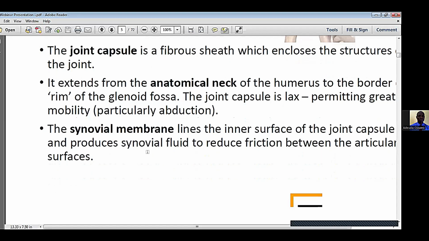And it is that synovial fluid that really nourishes the joint. That doesn't let the joint go into early osteoarthritis. So if the synovial fluid is decreased in size, that becomes a problem.